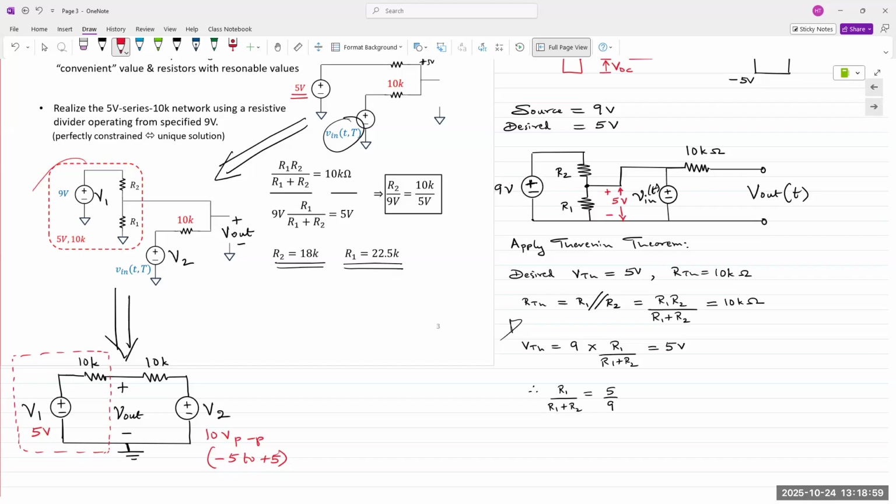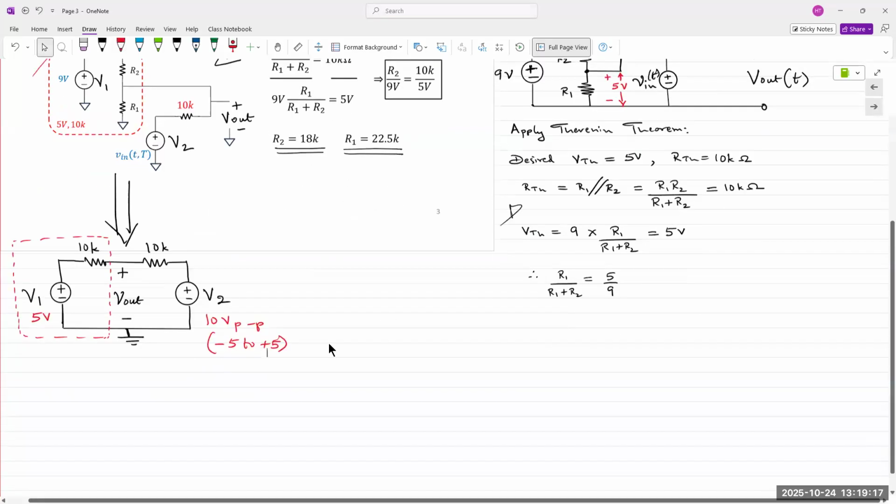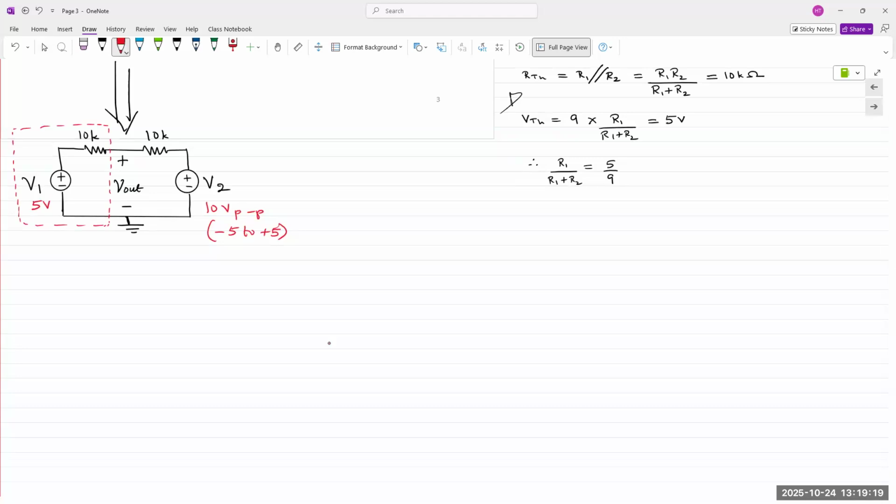So let's say V1 is a flat line at 5 volts. Okay. And then this disappeared. Then our AC signal is -5 to +5.